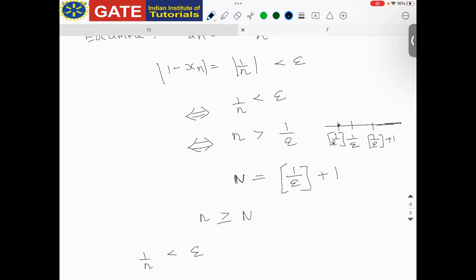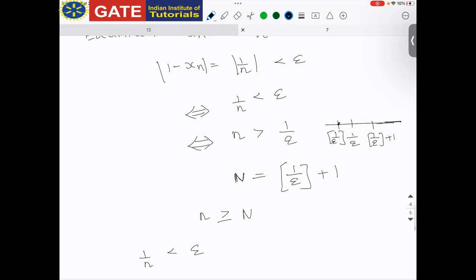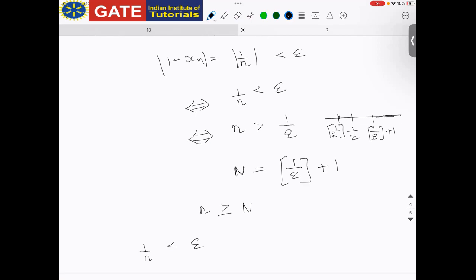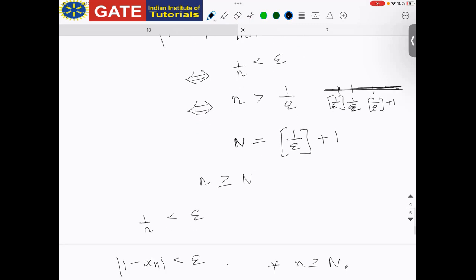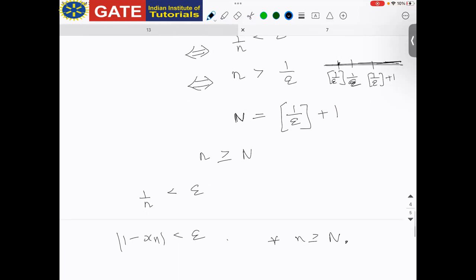If the greatest integer is already giving you an integer, then why are you adding 1? You don't need to do that also. Both are fine, this one and this one. The greatest integer of 1 by epsilon is also fine. So both will work.